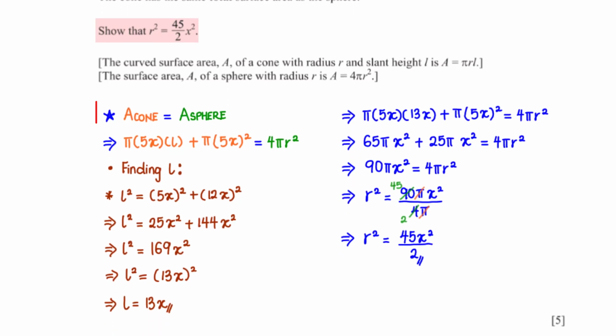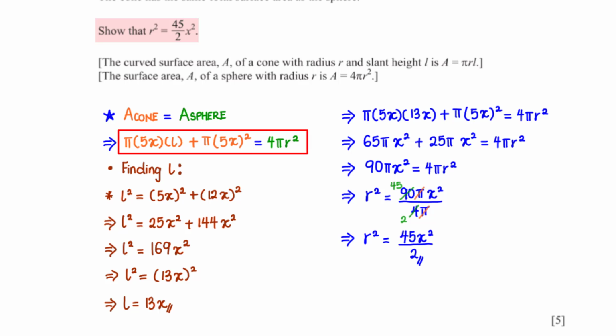From the question, we've been told that the cone has the same total surface area as the sphere. Since we are dealing with a solid cone, the total surface area of the cone will be the area of the curved surface, which is pi times the radius, which is 5x, times the slant height, which is L, plus the surface area of the circular face at the bottom, which is pi times the radius, 5x, squared.